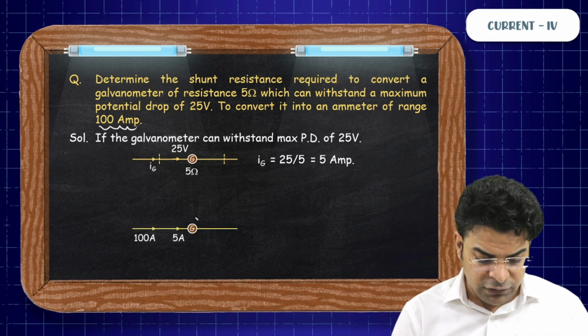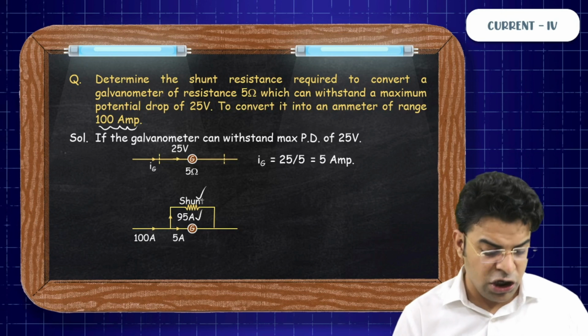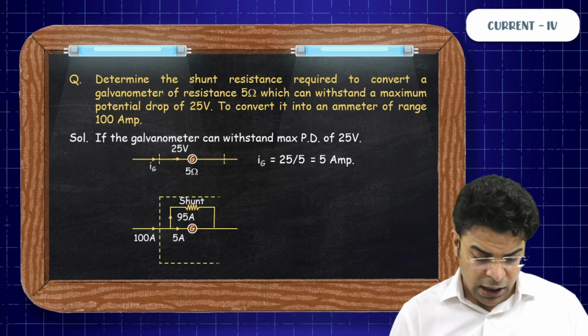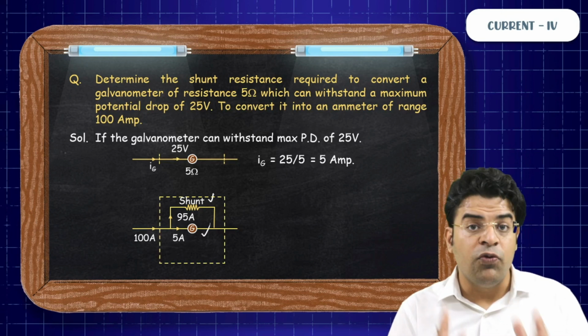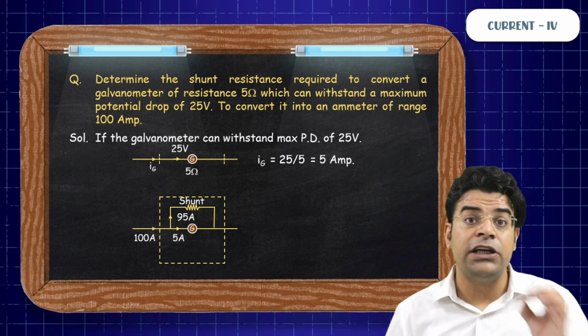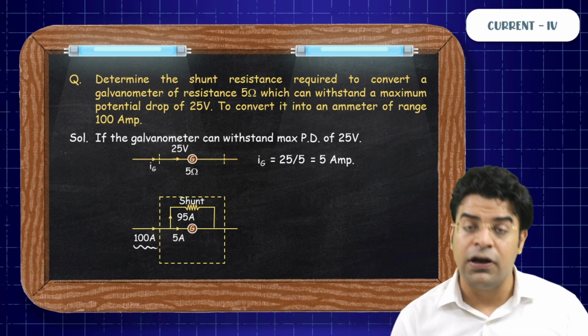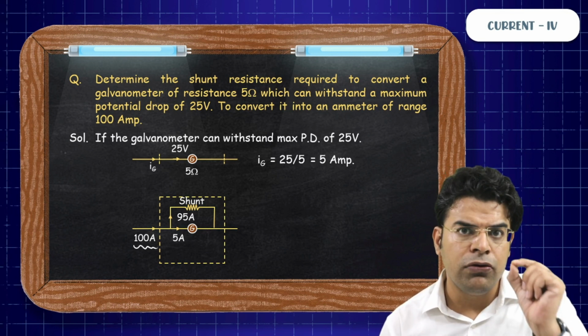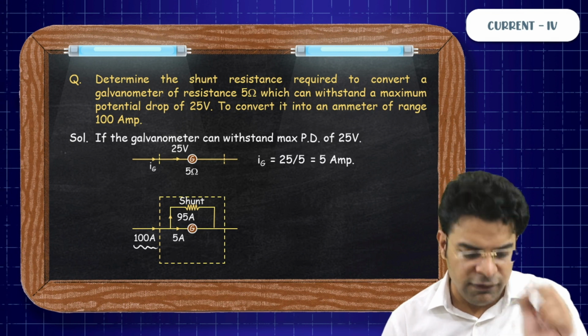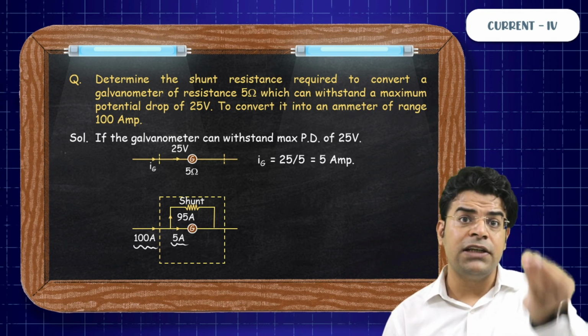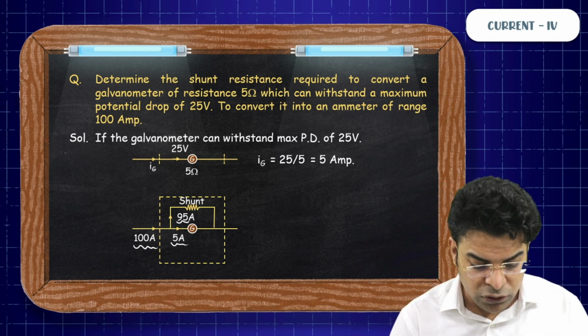So think of the galvanometer and the shunt combination. This whole galvanometer plus shunt will be our ammeter, which can measure up to a maximum of 100 ampere. So if 100 ampere of current enters the combination, out of this the maximum current that can go through the galvanometer is 5 ampere. It means that the remaining 95 ampere will go through the shunt.